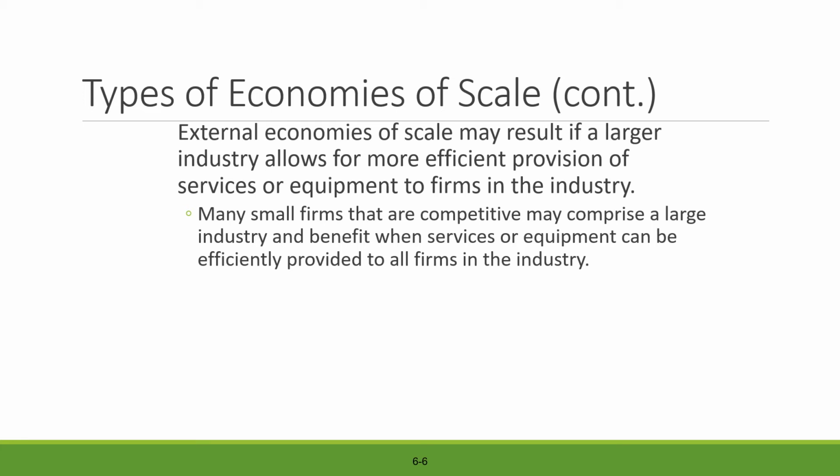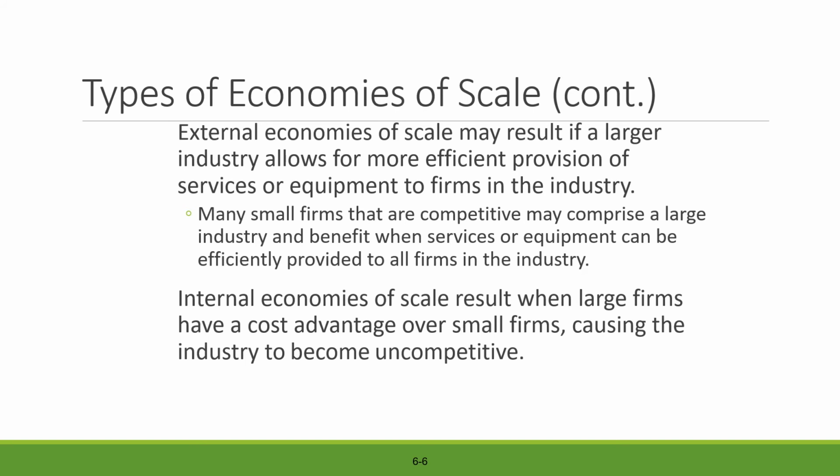You may imagine that there is a single firm, and imagine how difficult it would be to provide it with all the resources. But if they are clustered in a specific area, then it is easy for the other firms, the service providers and the equipment providers, to provide them with those goods.